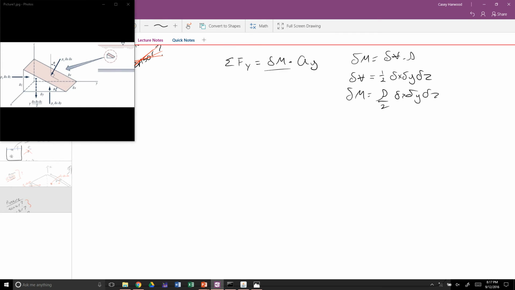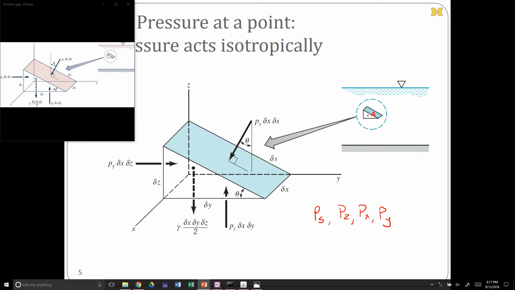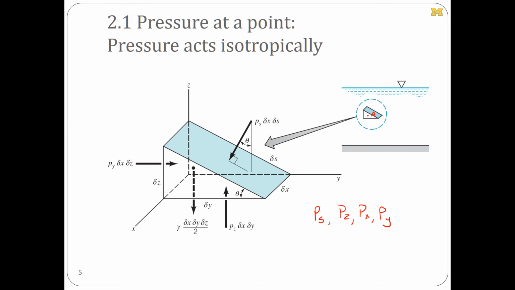Now, I'd like to call your attention to something. Over in this figure, we'll go ahead and pull up the PowerPoint version of it first. In this figure, you've got these pressures acting on the different faces of the wedge. The one acting on this shaded face is PS, that is the pressure on what we're calling the S face, times delta x times delta s.